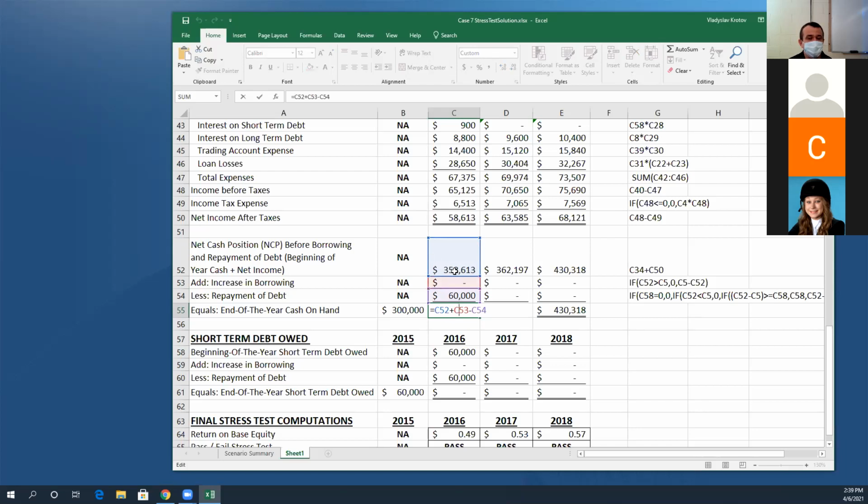You take your net cash position from operations, you add what you borrow, and you subtract what you repay. Since you don't borrow anything, you're doing well financially, it will be blank, it will be zero, right? But that's the formula, C52 plus whatever you're borrowing minus whatever you're repaying on your loan. I'll put this formula right here.